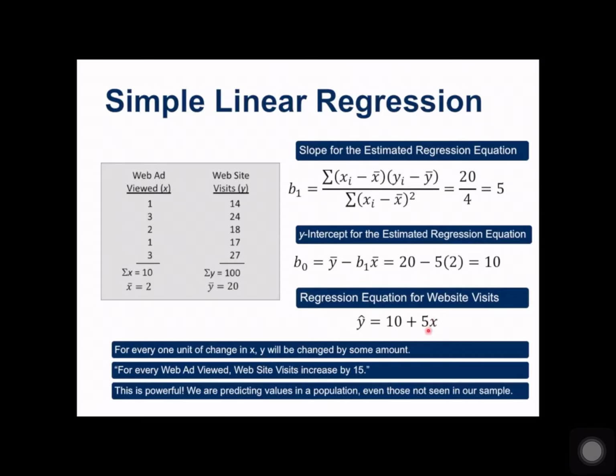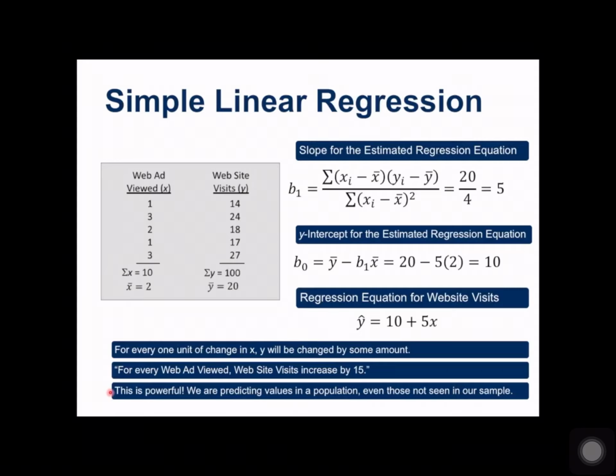If this value goes up by 1, the predicted value for the dependent measure is also going to increase. In this case, for every web ad viewed, the website visits increase by 15. Because if this were one additional web ad viewed, we would be able to see that the predicted value of website visits would go up by 15, just by adding these two together.